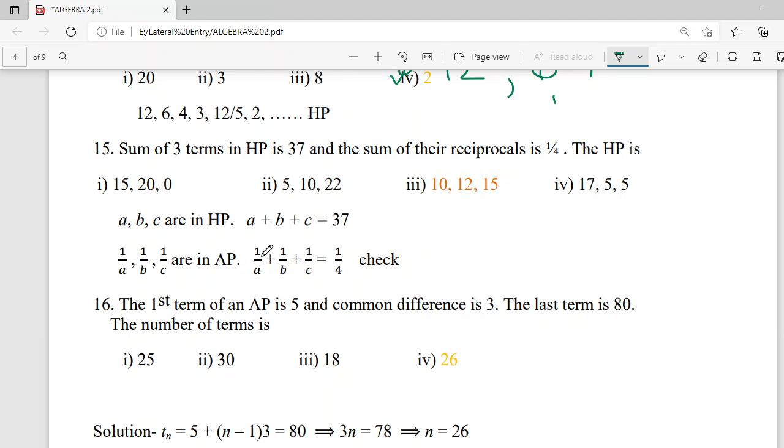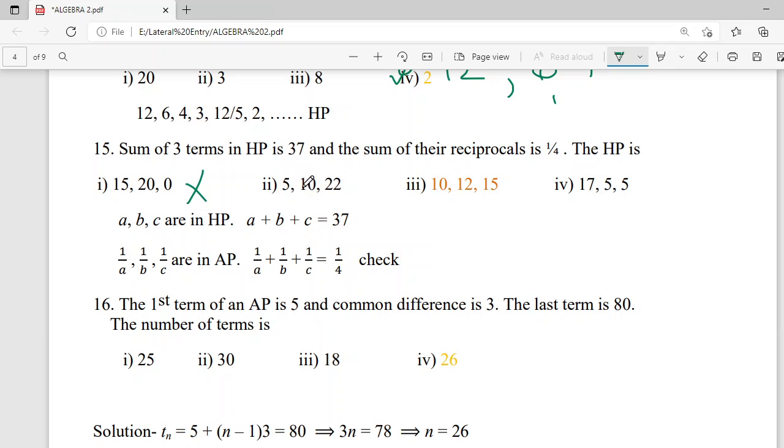This you can do by formula also, or you can check it. If C is 0, then 1 by 0 we cannot have, so reciprocal cannot be found. So this you cancel.